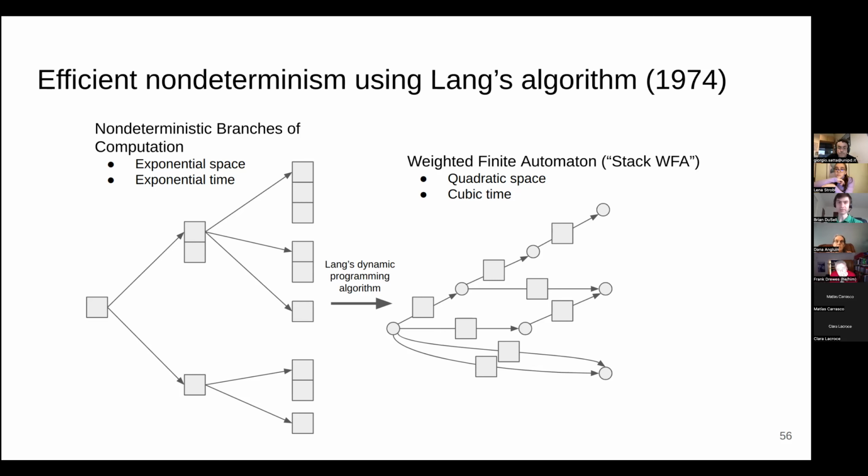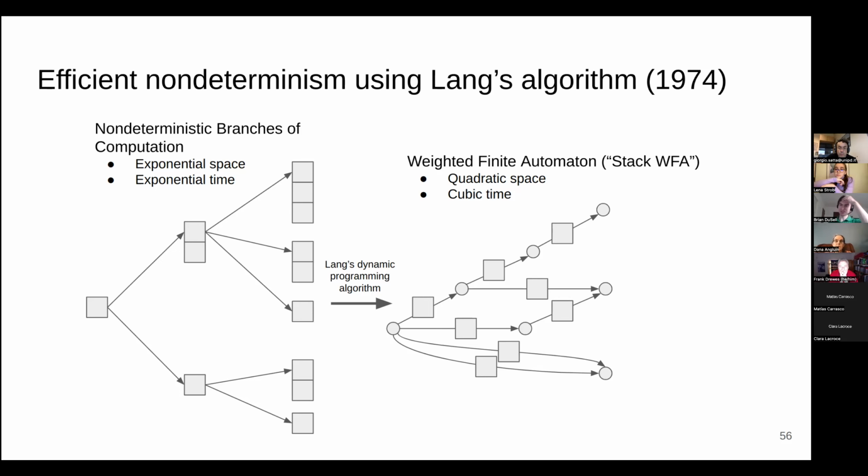And we can equivalently view this graph as a weighted non-deterministic finite automaton, which encodes what would be considered the weighted language of all possible stacks at the current time step. And for this reason, we call this data structure the stack WFA.